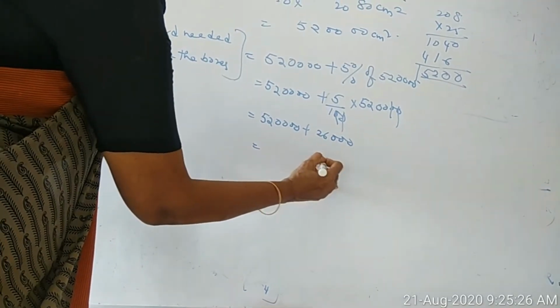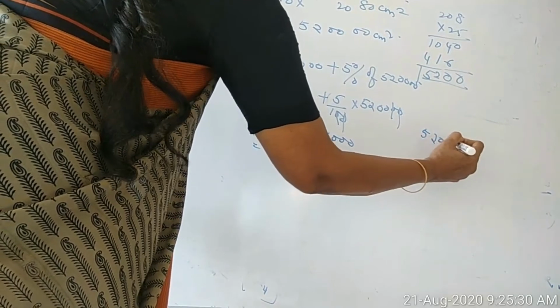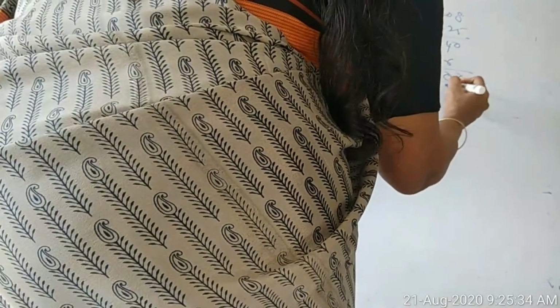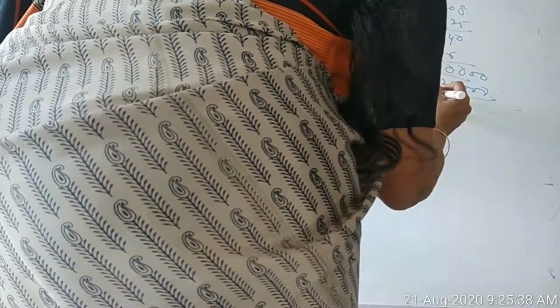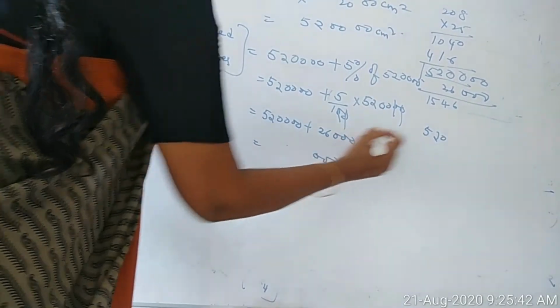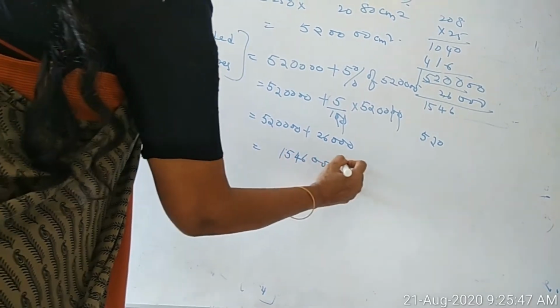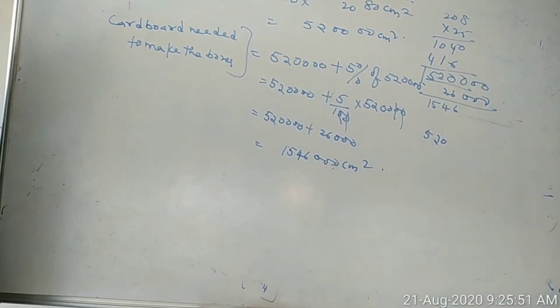Add carefully, children. 5, 2, 0, 1, 2, 3, 4 plus 3 zeros, 2, 6, 15, 4, 6. 26000 centimeters square. Up till here, I think you could have followed, children.